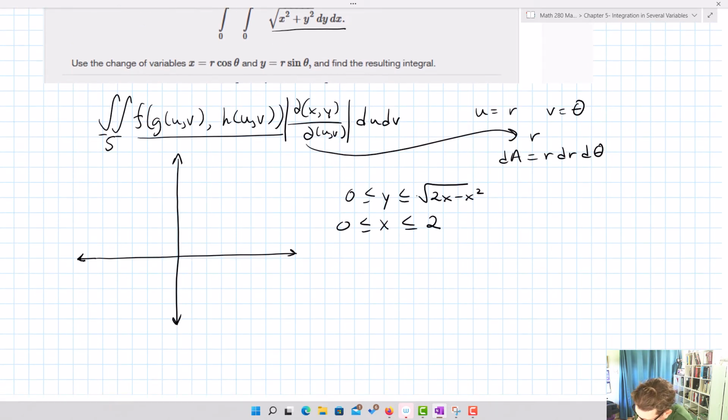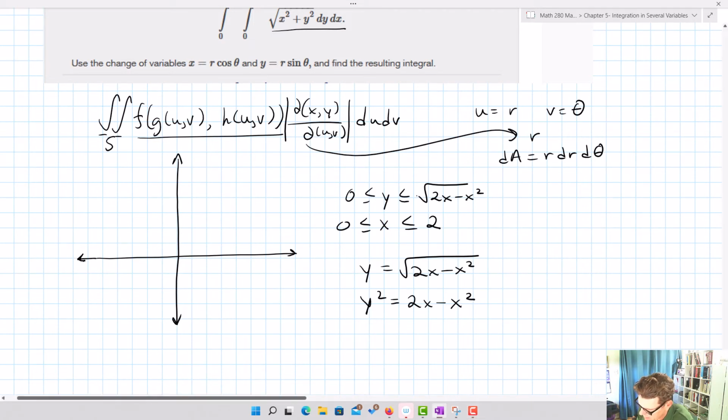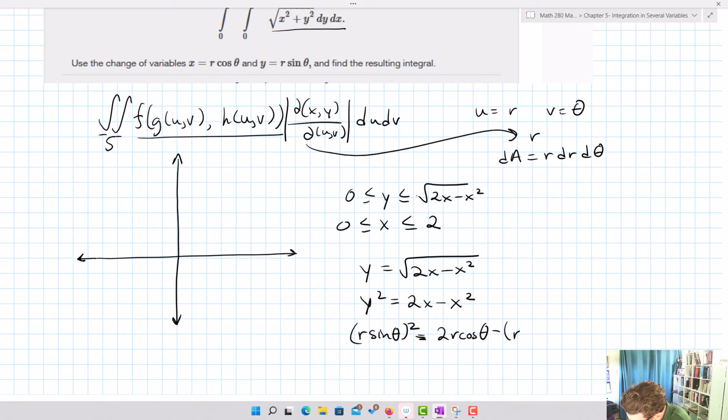Let's set y equal to the square root of 2x minus x squared. So y squared is going to equal 2x minus x squared. Consequently, if I plug in y is r sine theta, I'm going to get r sine theta squared equals 2r cosine theta minus r cosine theta squared.